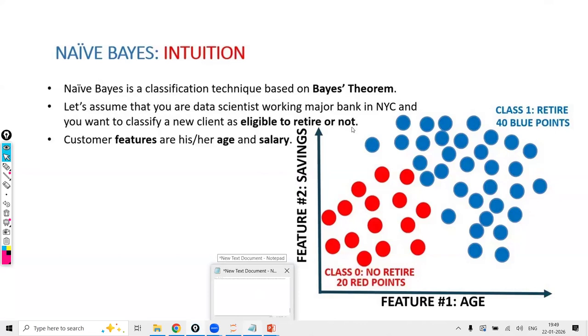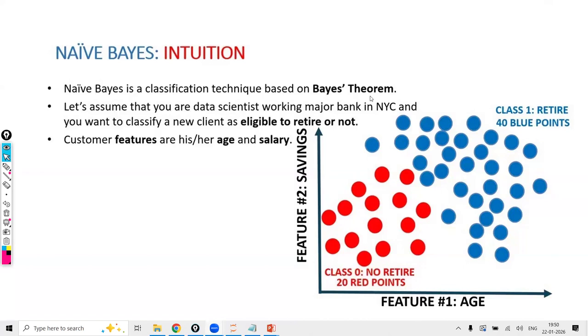Right? Now coming to this. Here is Naive-Bayes. Let's see the Naive-Bayes theorem. This is the concept behind text classification. Naive-Bayes is a classification technique which works based on the Bayes theorem.